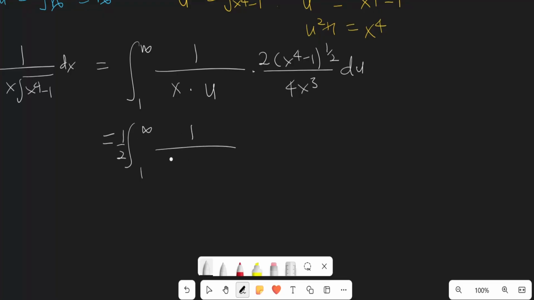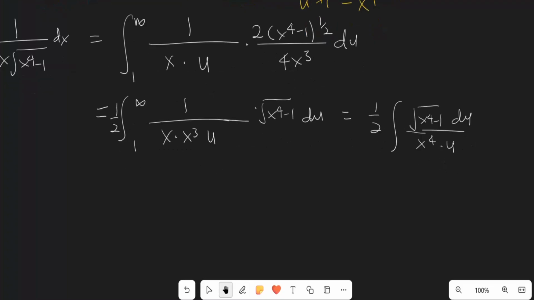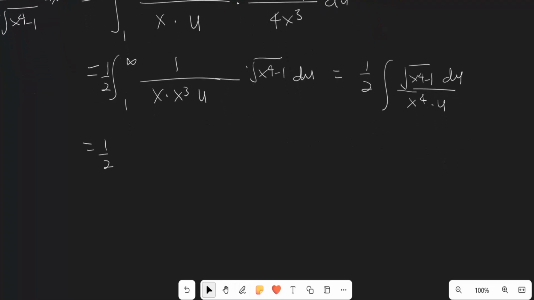Then we have 1 all over x times x^3 times u, and this is going to be multiplied by the square root of x^4 minus 1 du, which is the 1/2 integral of the square root of x^4 minus 1 du all over x^4 times u. This evaluates to 1/2 the integral from 1 to infinity.